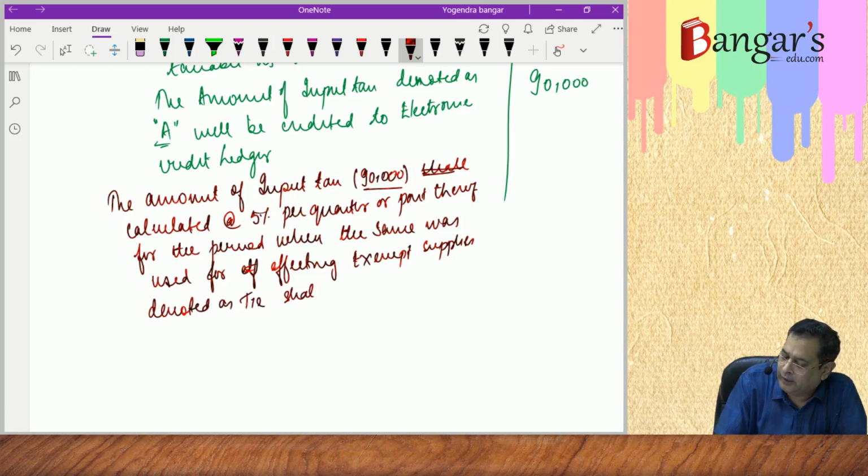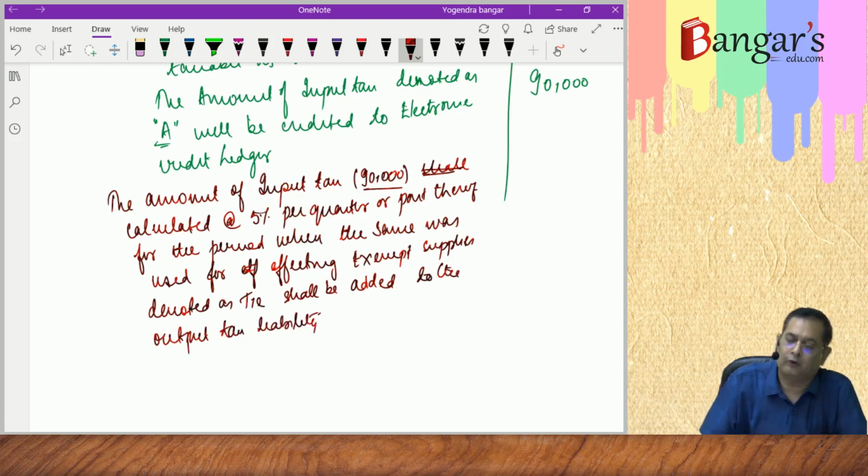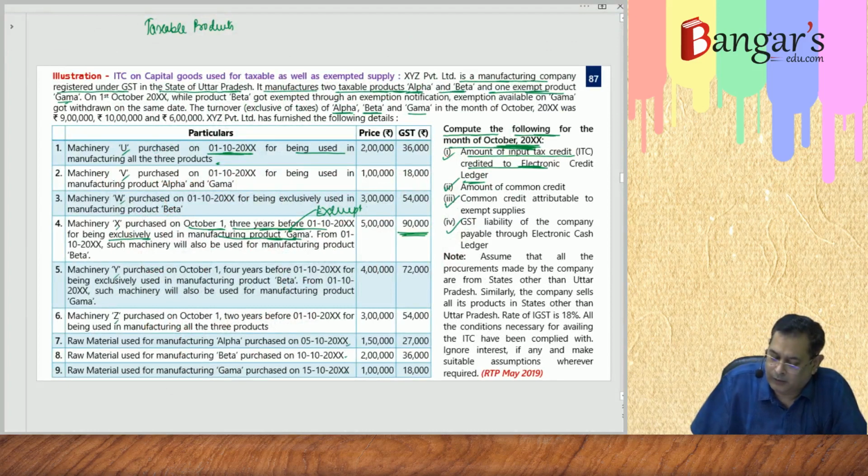shall be added where? To the output tax liability. How much is it? 90,000 into 5%. For how many years?